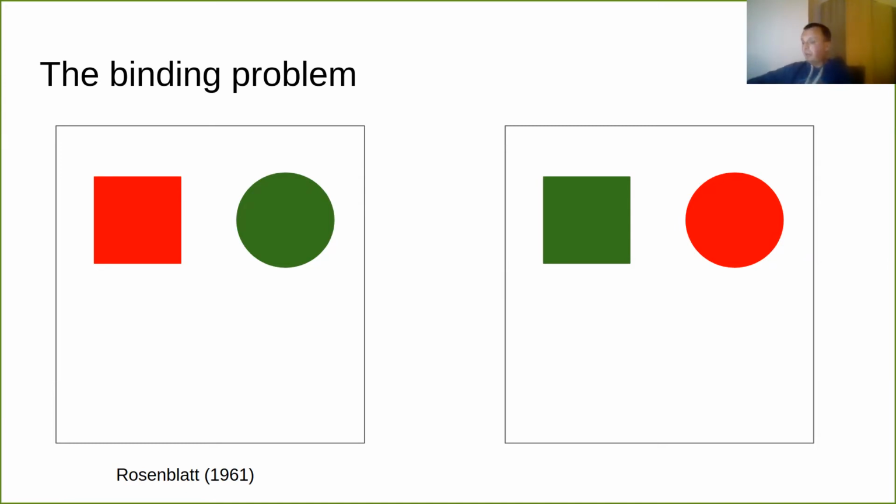But there are other domains of cognition in which it's just not computationally feasible, it's not even possible, to have representations of all possible combinations. For example, in language. So we have words, and we can combine words to produce meaning, for example, by making sentences.